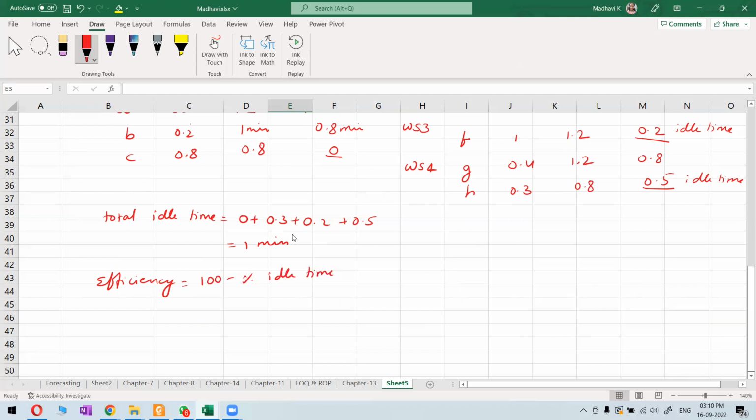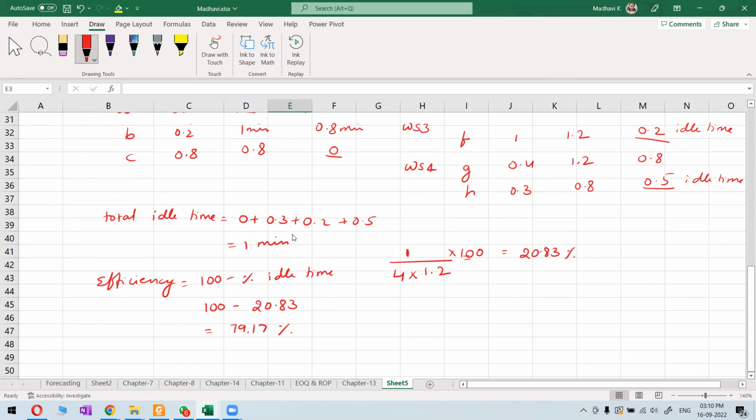And this idle time is nothing but total idle time 1 divided by number of workstations 4 multiplied by cycle time, which is 1.2 minutes. This is into 100, of course, which is 20.83%. So 100 minus 20.83 is equivalent to 79.17%. This is our efficiency.